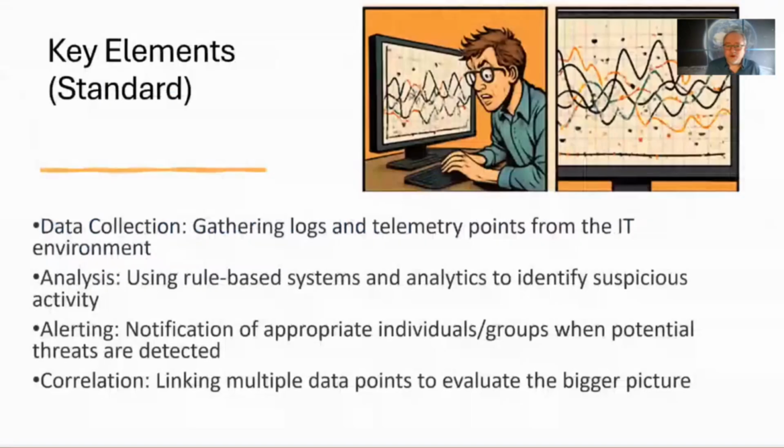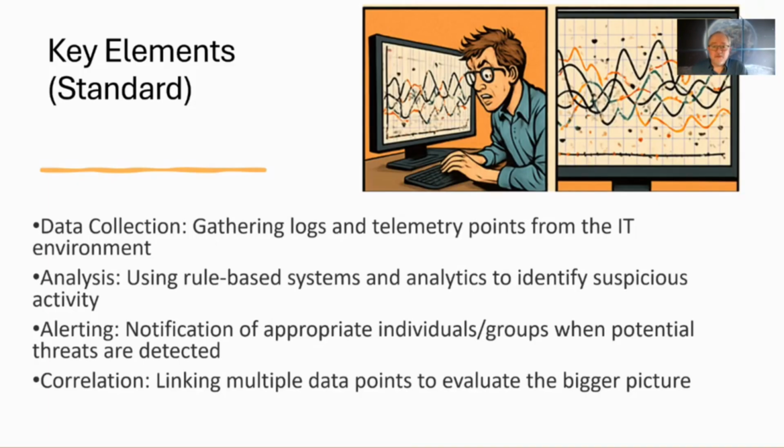That being said, what are some of the key elements for at least the standard threat detection? Well, we've got to be collecting data. We've got to be collecting so much data. As the little graphic up there shows, it seems like we're just getting data points all over the map because we're gathering logs and telemetry points from the entire IT environment, not just one or two systems, but the entirety.